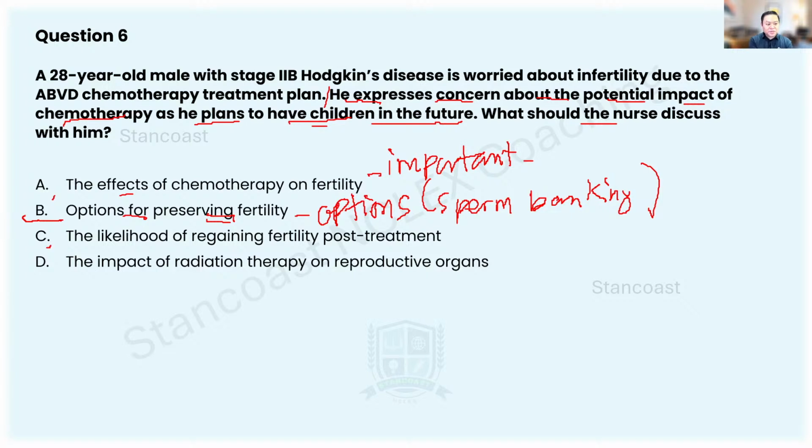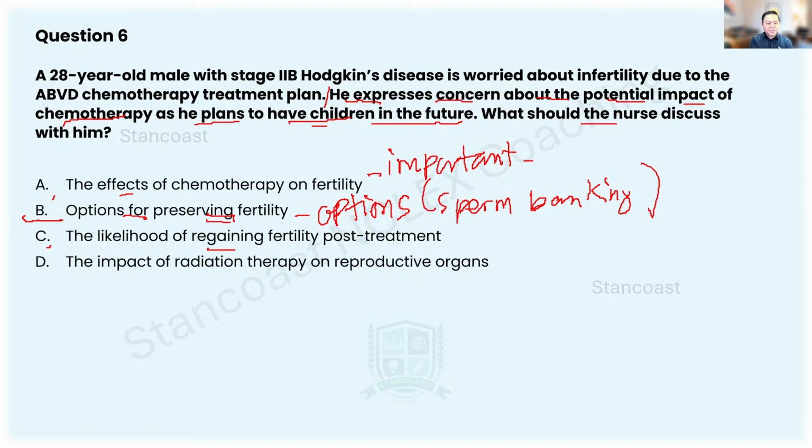What about letter C? The likelihood of regaining fertility after the treatment. It is also important, guys, but the patient needs to know how to preserve, the fertility preservation process. This is the main need for this test item.